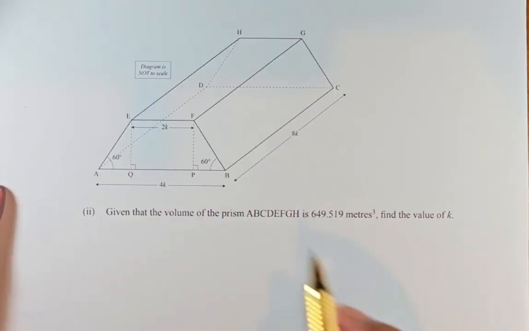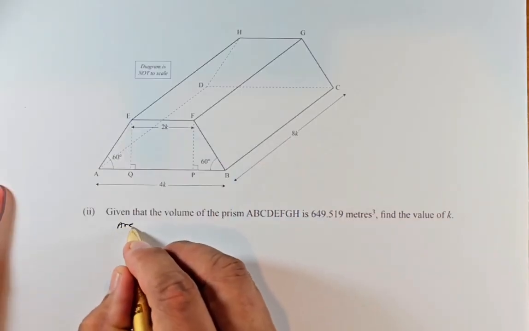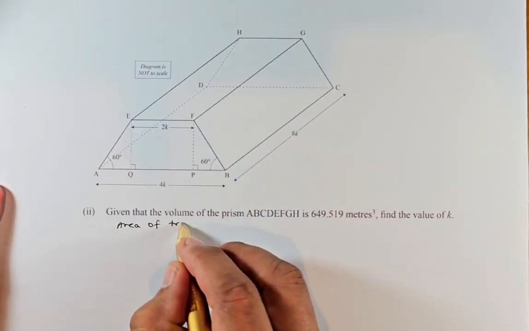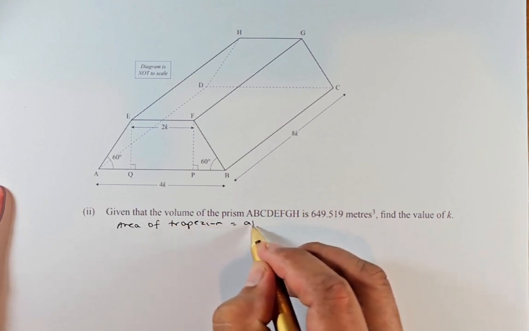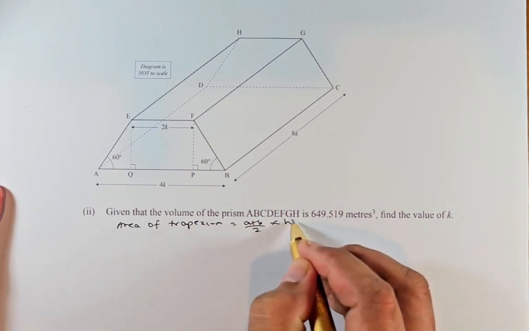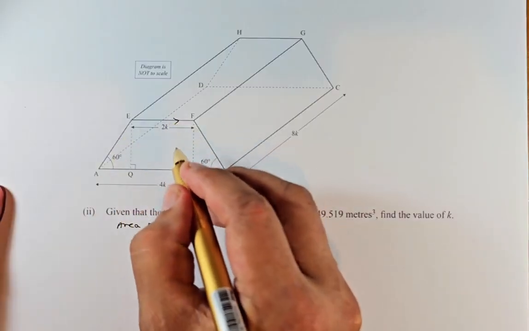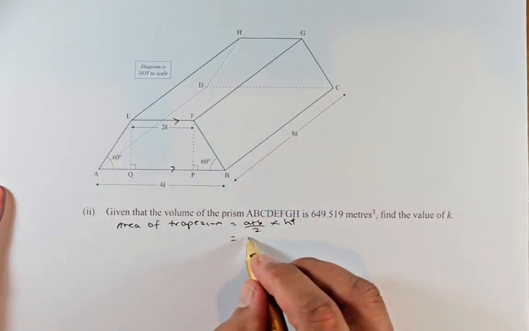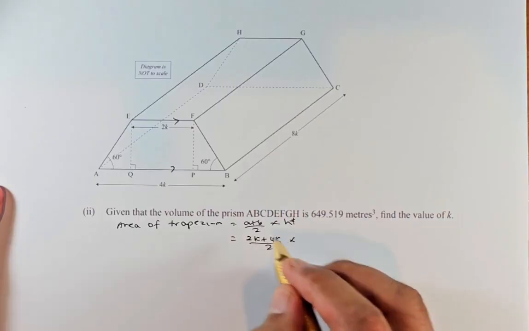So now we know that the area of the trapezium is going to be A plus B over 2 times height. A and B are the two parallel sides, so these two are parallel, so it's going to be 2K plus 4K divided by 2 and multiply by the height.